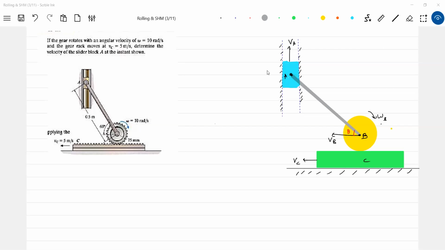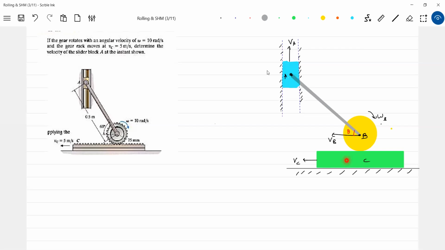See, first of all you start from here. As this starts moving here, what he is calling the gear rack, in our language we'll call the plank.